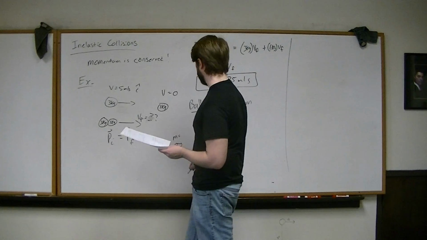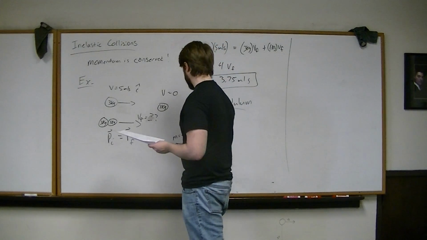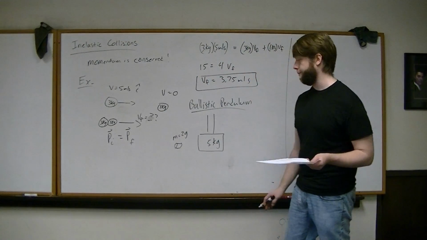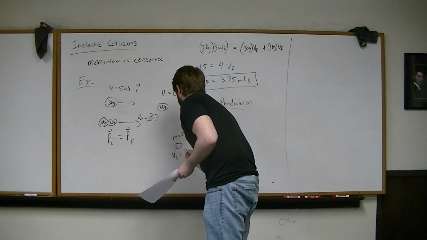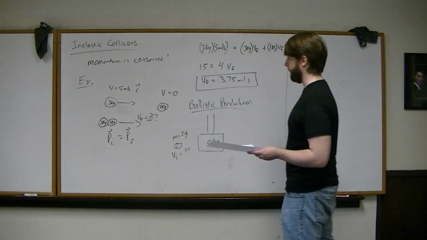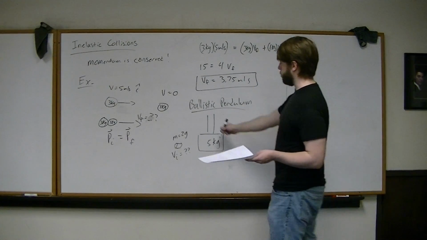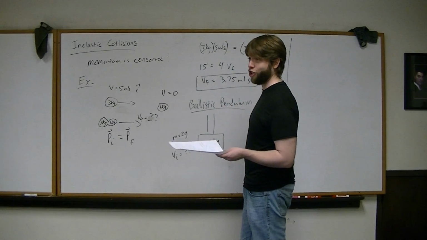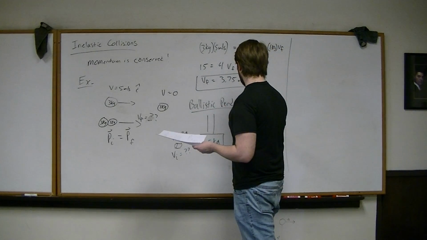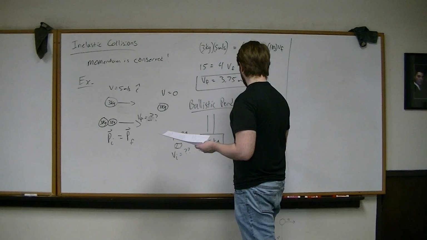Now the bullet has a very, very small mass. In this case, we're going to have a 2 gram bullet. And the bullet is coming in with some initial velocity that we don't know. Okay? Now when the bullet hits the block, these strings are going to allow the bullet and block system, when the bullet gets lodged inside the block, to swing upward to some height.